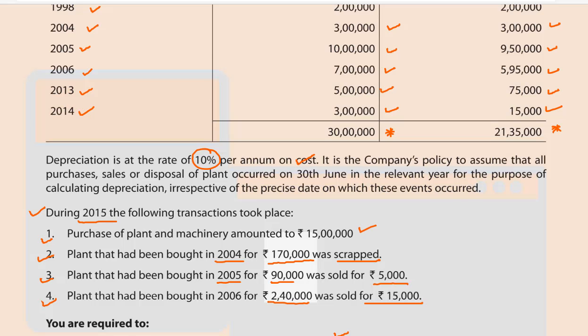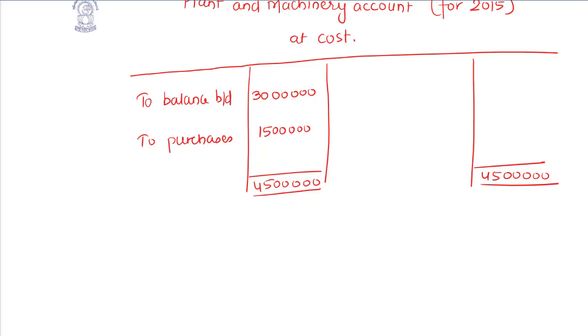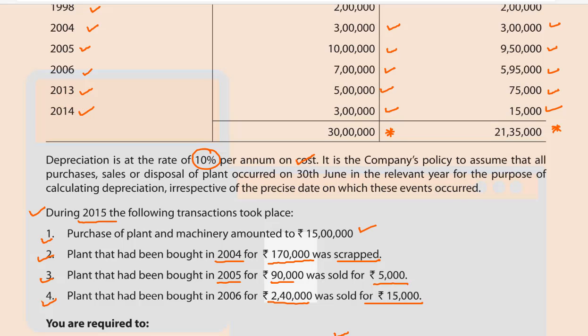Out of this, the scrapped is 1,70,000. By disposal account, scrapped 1,70,000.